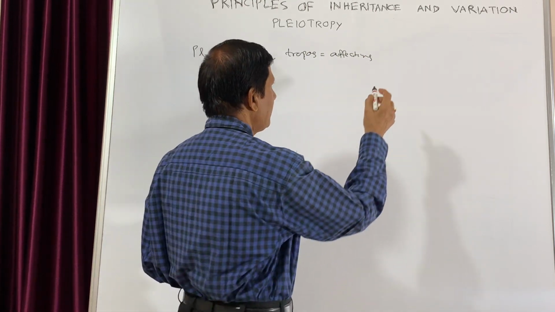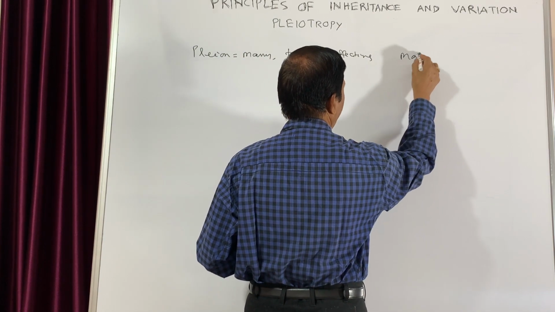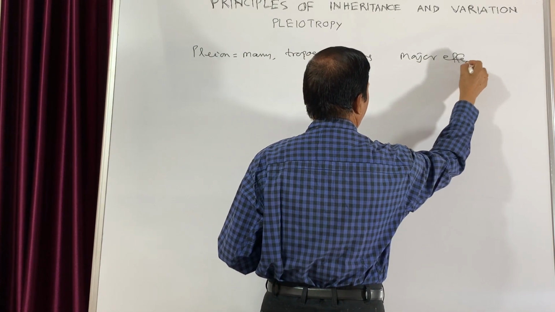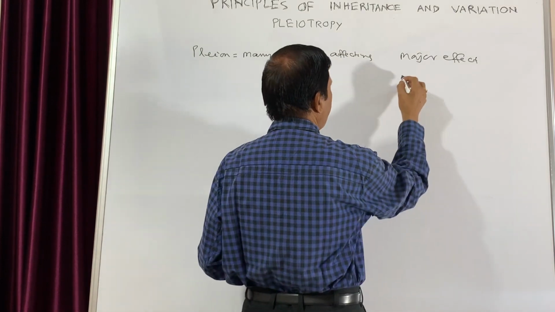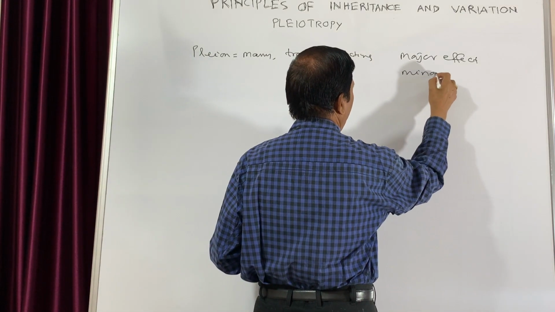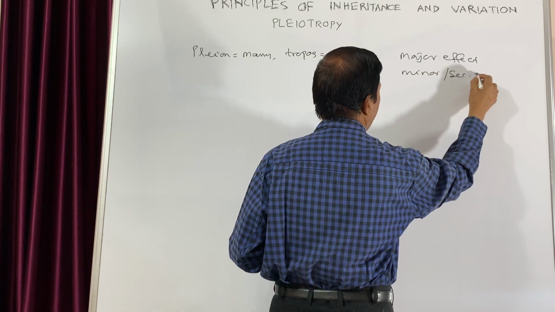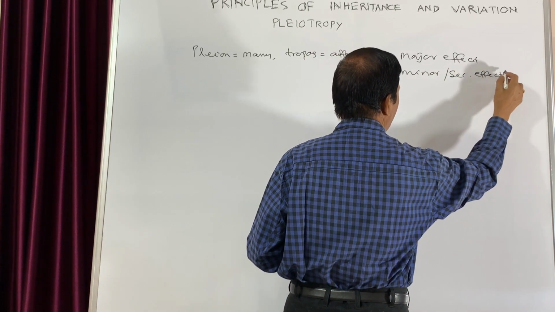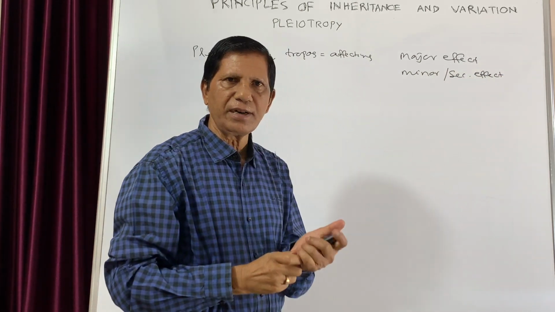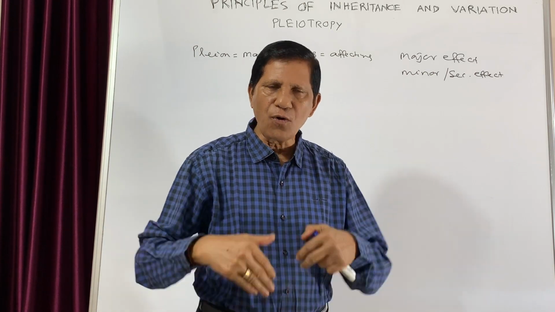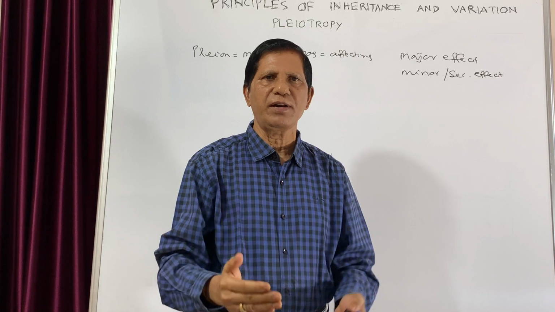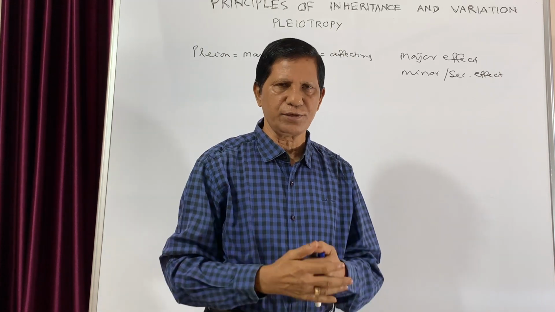We can call it a major effect. In some cases, the effect may be minor, and we can also call it a secondary effect. That means when one gene affects several characters, several traits, all the phenotypic traits are not equal. Some may be greater, some may be less.